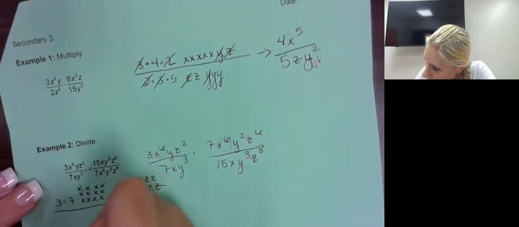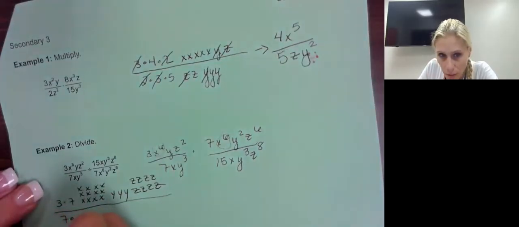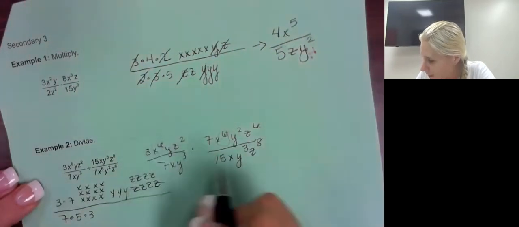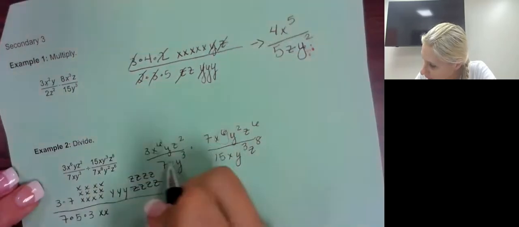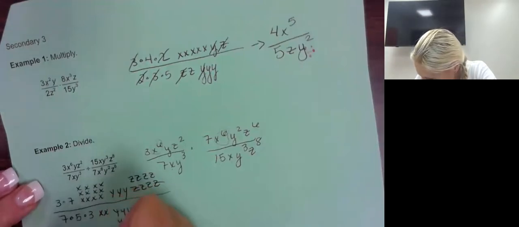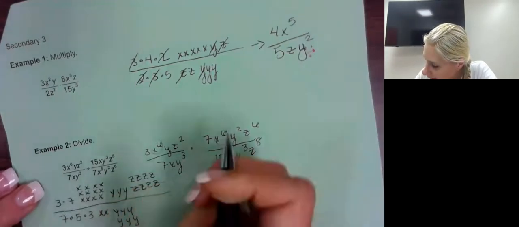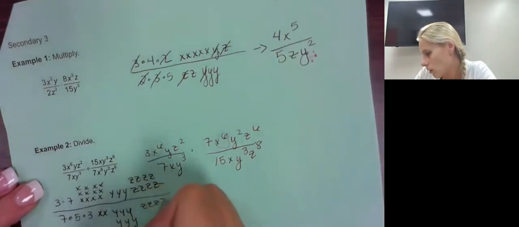On the bottom, I have 7, and then I'm going to break down that 15 into 5 and 3. I have 1x here and 1x here, so that leaves me 2 x's. 3 y's and 3 y's, so 6 y's. And 8 z's: 1, 2, 3, 4, 5, 6, 7, 8.